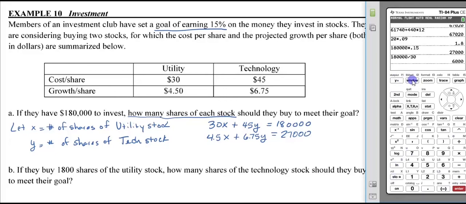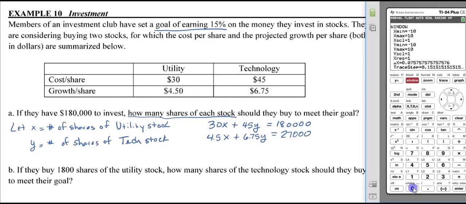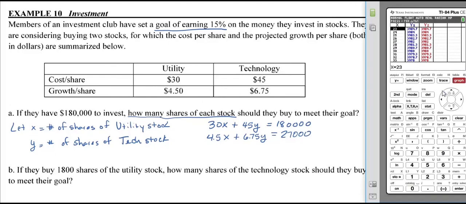So let's set our window from 0 to 6,000. Okay, and then we'll go ahead and do a zoom fit, and oh my goodness, we see it's the exact same line. Well, of course, we're wanting 15% growth overall, so whatever you invest in whatever, you're going to make 15% growth.